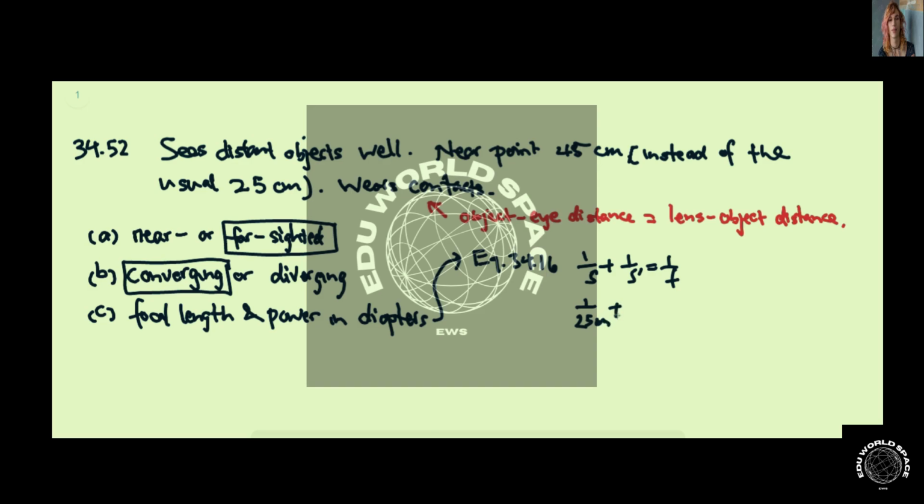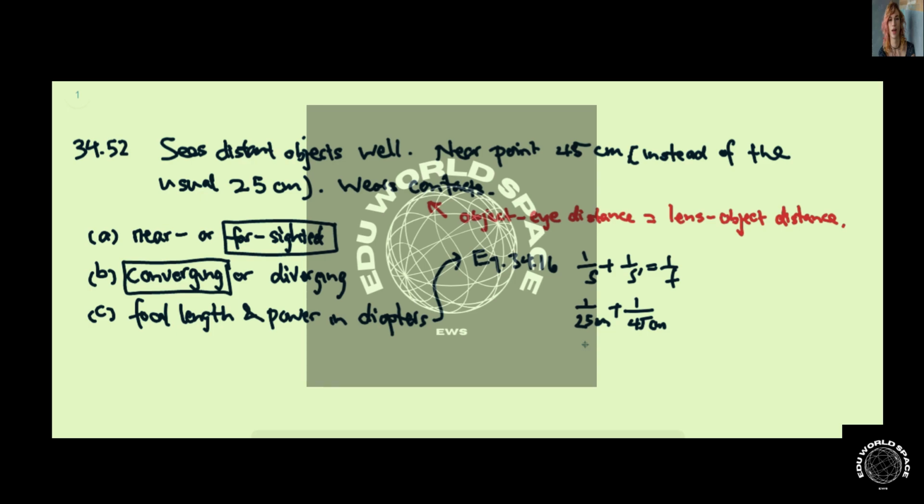This person's near point is 45 centimeters, so when looking at a close object, they can't focus well unless it's farther out at 45. So we want the image formed when they wear the lens to be at this 45 centimeters where it's comfortable for them to see. So we'll set the virtual image to be at the near point.